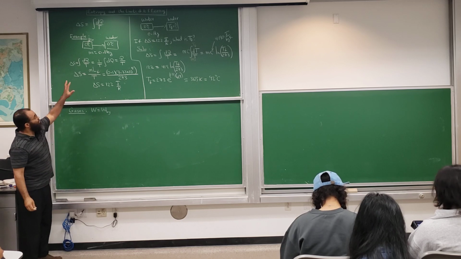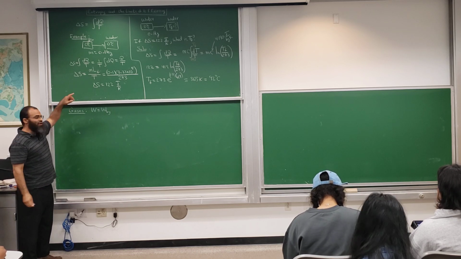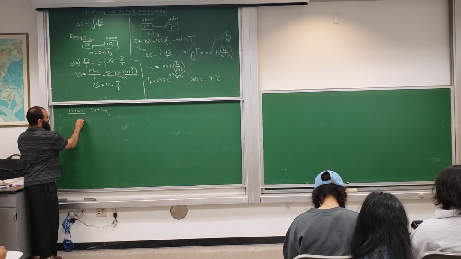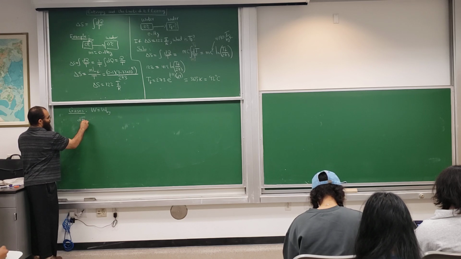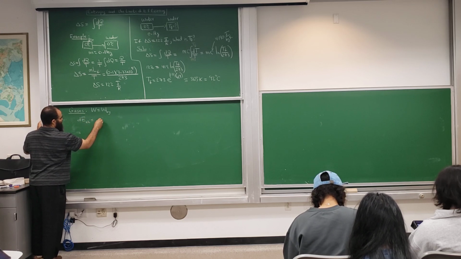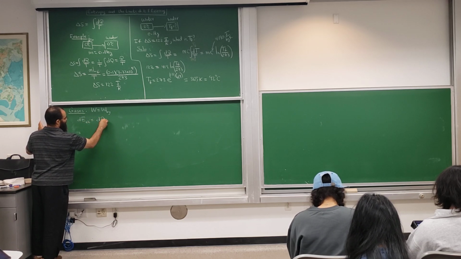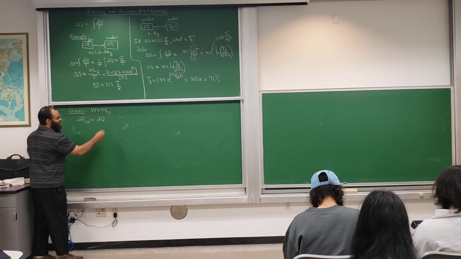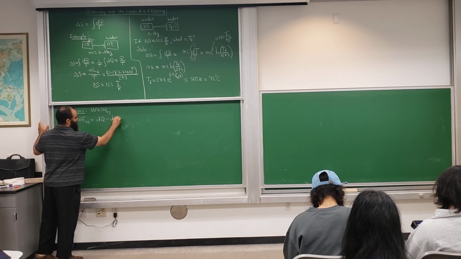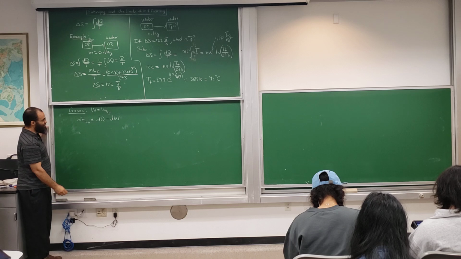For entropy, I need dq over T. But I know from the first law, dE thermal is equal to dq minus dW, right? Because W here is the work done by the system.